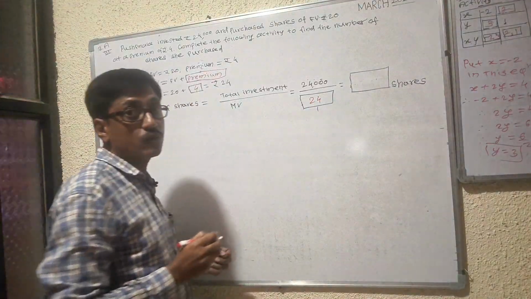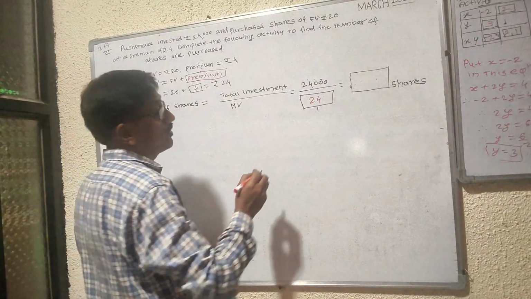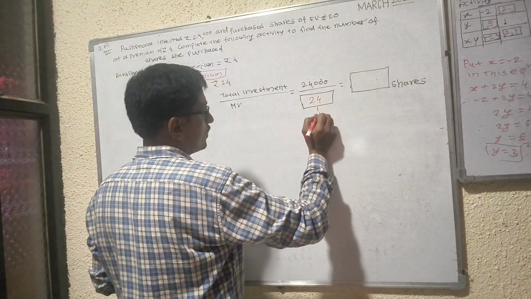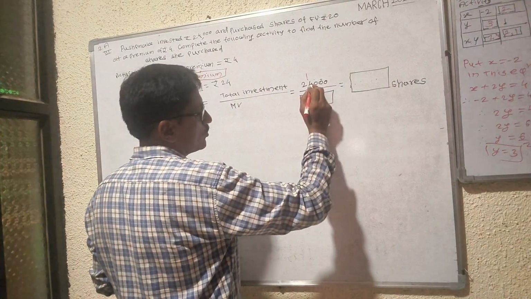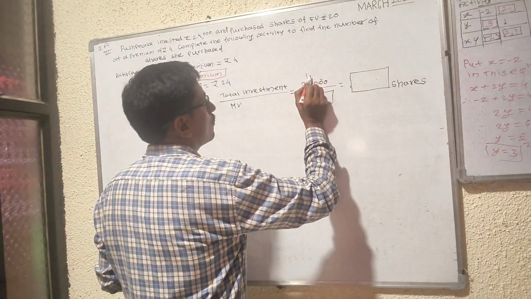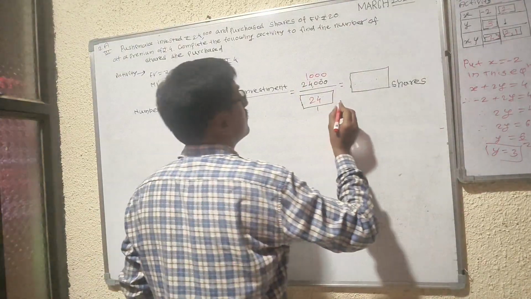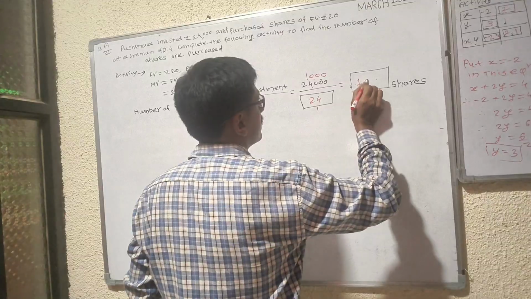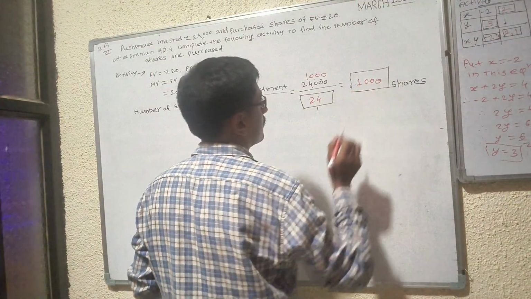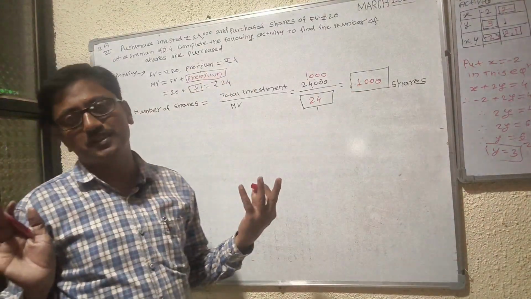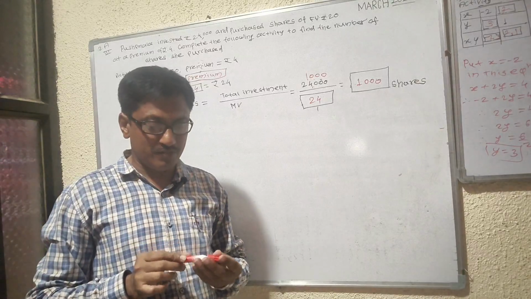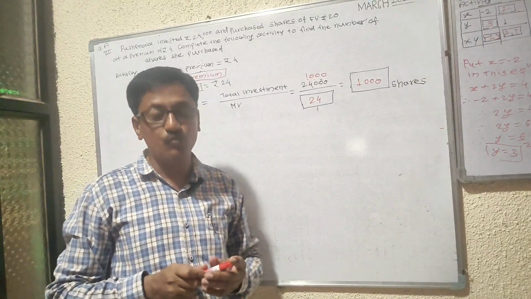Now we calculate this division. 24 by 24 is 1, and how many zeros? 1, 2, 3. We get the answer 1000 shares. Solve this question, a very simple activity for you.